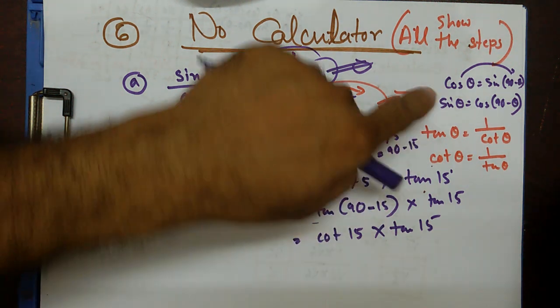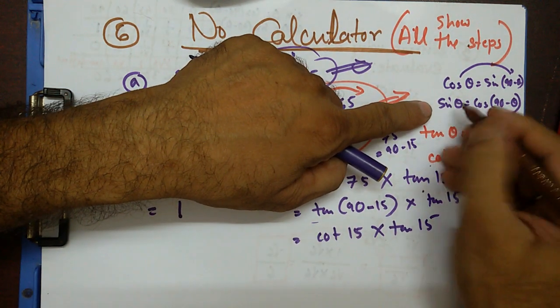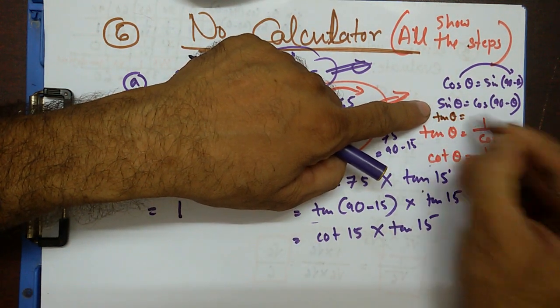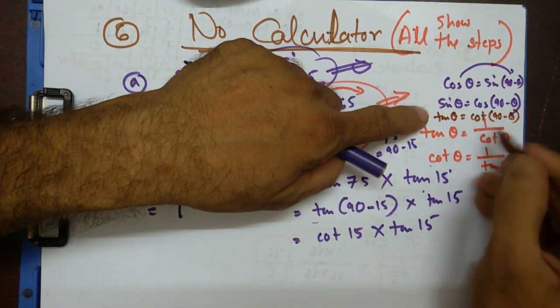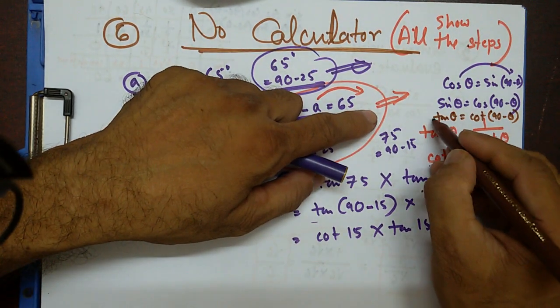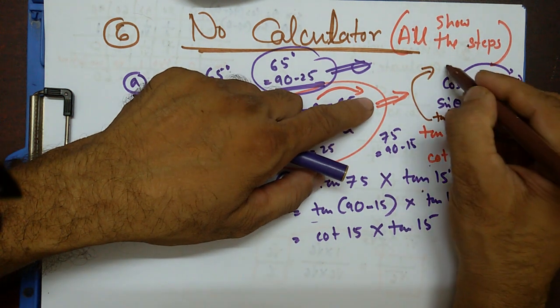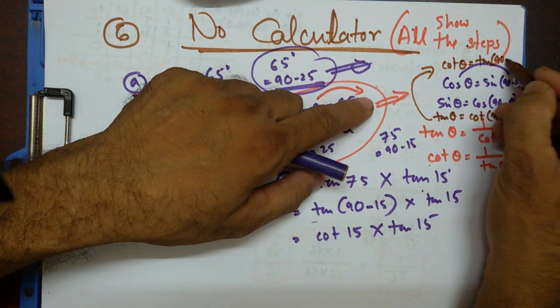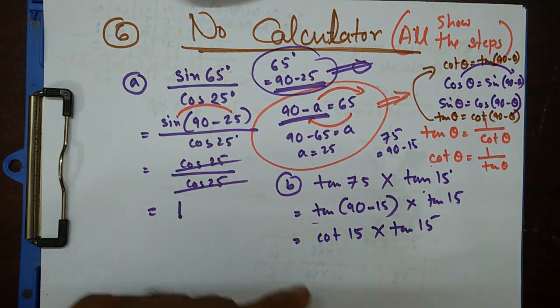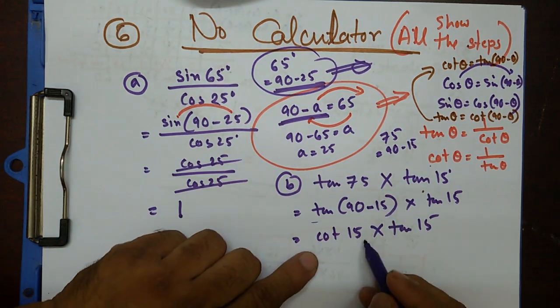Same thing like this, whenever you have tan theta, it's always going to be cot 90 minus theta, or vice versa. I'm just going to write down this one up here since I don't have any space. Cot theta equal to tan 90 minus theta. In this case tan 90 minus 15 equals cot 15.